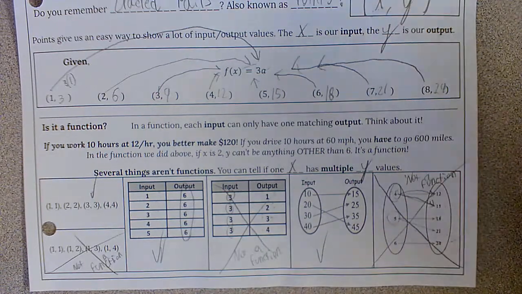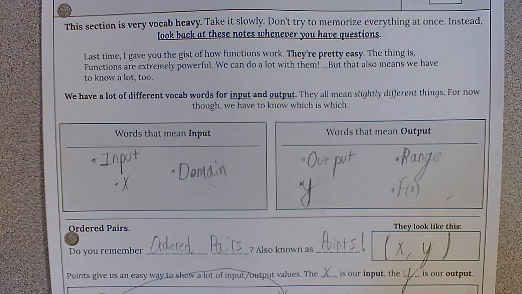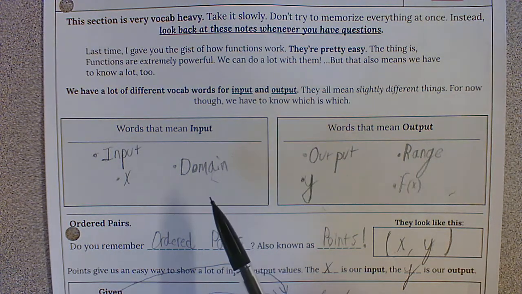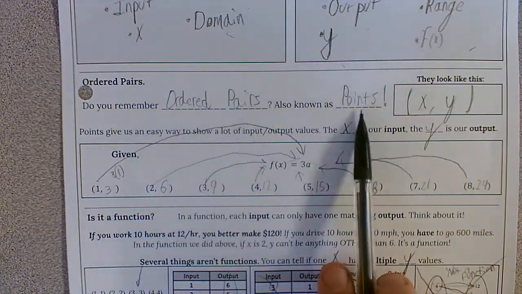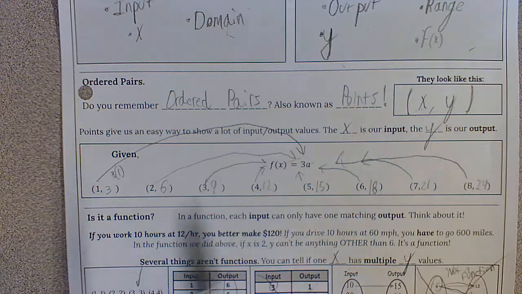So, we talked about 3 things. I gave you a bunch of vocab, vocab that means plugging something in and taking something out. We defined ordered pairs, which are points. We showed that we plug in our x, we get out our y. Same thing here.